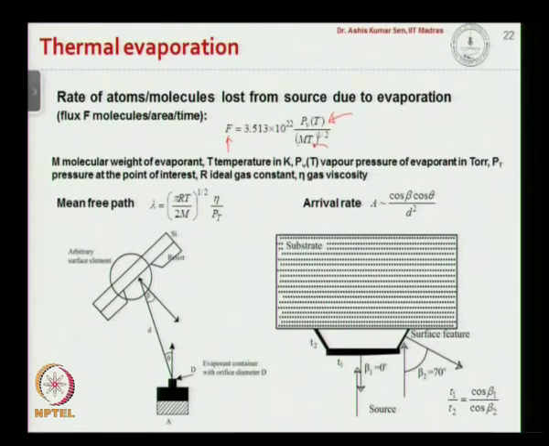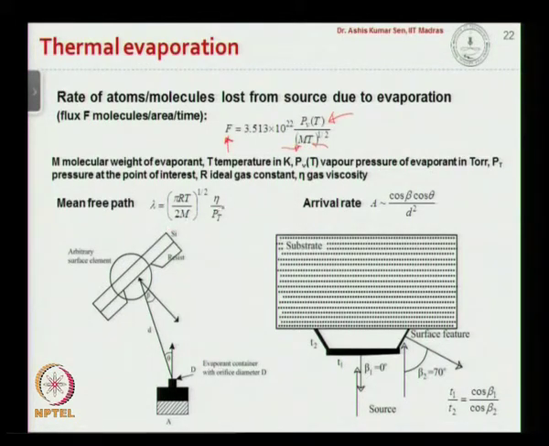These are two parameters which affect the rate at which the atoms of the metal are lost from the source and fall onto the substrate. It also depends on the molecular weight of the evaporant. The flux is directly proportional to the vapor pressure and inversely proportional to the square root of the molecular weight and the temperature.